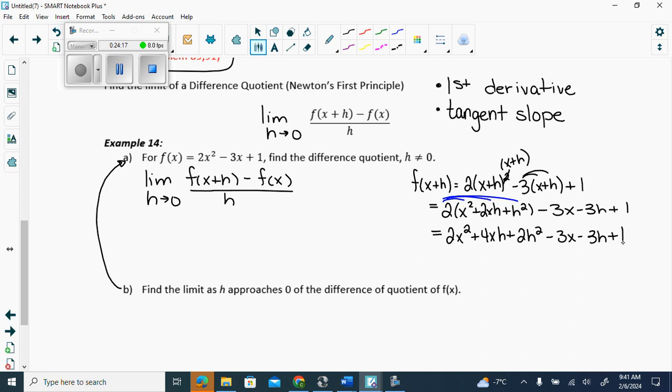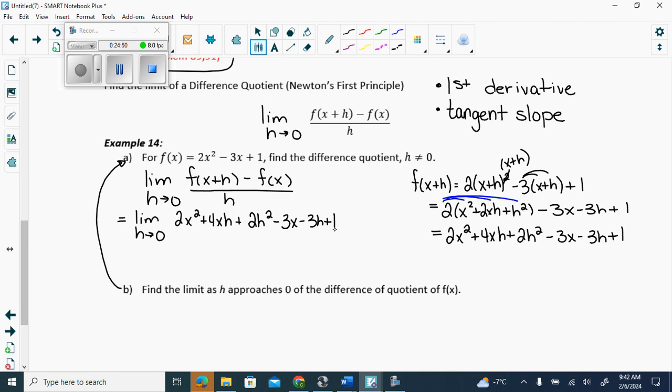So the only difference here is that we have the limit as h approaches 0 in front of it. And I told you we were going to get to that point, but we would have to find the limit as h approaches 0, and that will give us our first derivative or tangent slope. So it's going to equal the limit as h approaches 0. F of x plus h we found off to the side, so it's 2x squared plus 4xh plus 2h squared minus 3x minus 3h plus 1, and then I have to subtract all of f of x.